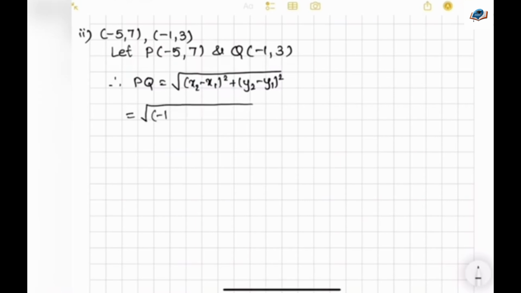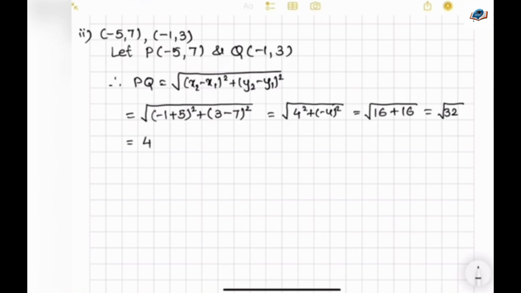So that will be equal to (minus 1 minus of minus, means plus 5) whole square plus (3 minus 7) whole square. So this will be 4 square plus minus 4 square. So 4 fours are 16 plus 16 under root. So this will be root of 32. If I take 16 out, it is 4 root 2 units.